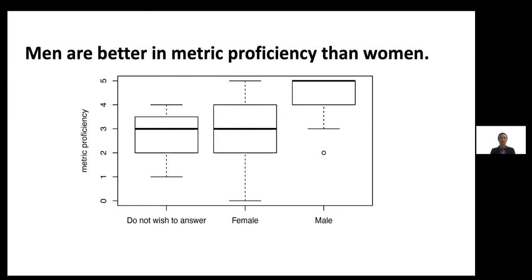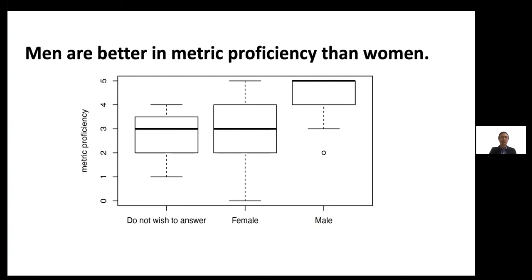On the very right, you see the male, with the thick middle line indicating the average performance. A male often had the perfect score of 5, and the female average, that thick middle line, is around 3. The dashed lines indicate the spread of those scores. In fact, if we do a t-test, the difference between male and female is highly significant, with a very small p-value.